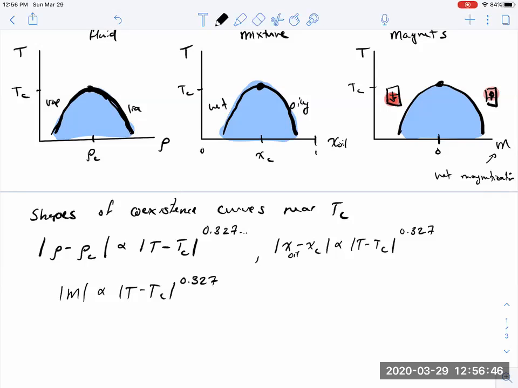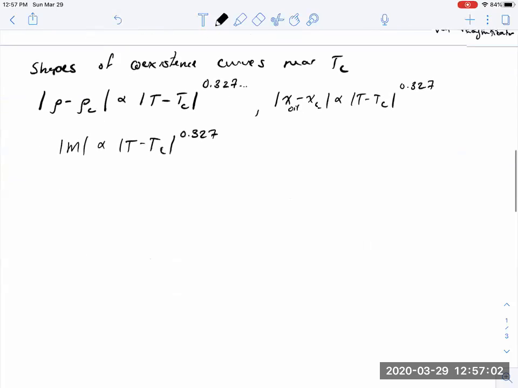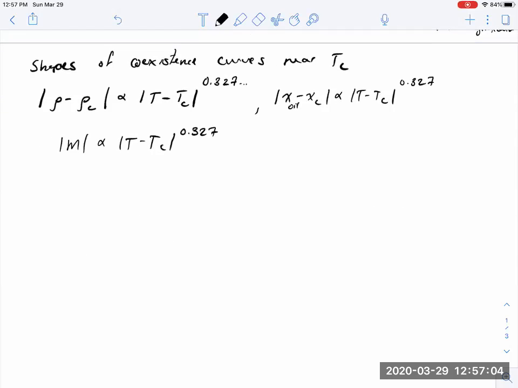Now, these are incredibly different sorts of phase transitions on their faces. A magnet losing its magnetization, a mixture becoming miscible, a fluid turning into its vapor, and yet one finds quantitatively similar behavior for all of these different sorts of transitions. This is a phenomenon known as universality.